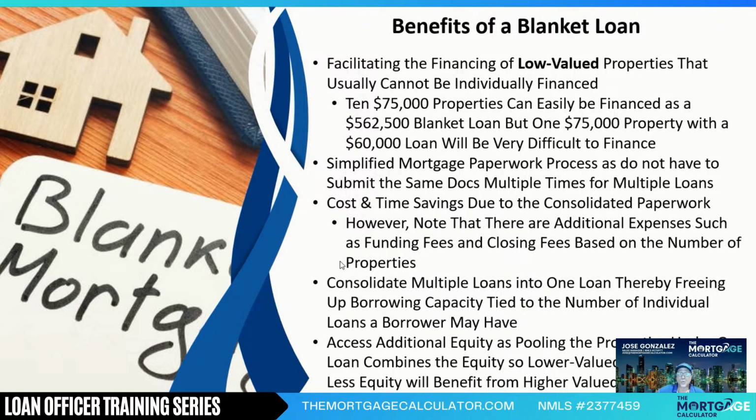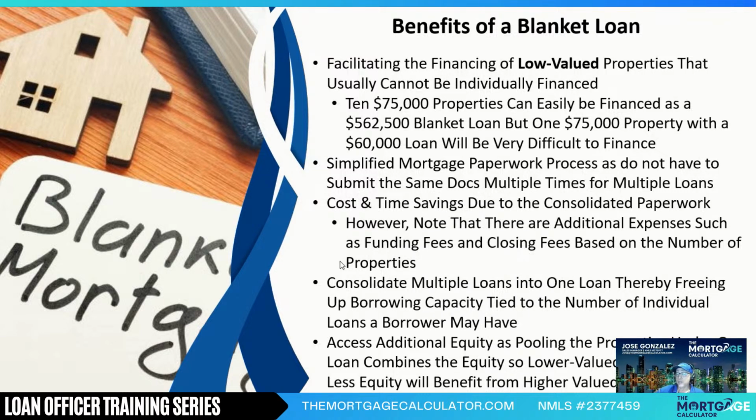Another benefit, this is one that most people do not realize: when you're trying to get financing, there are limits that some of the financing conduits will put on the borrower as to the number of properties they could own that are financed, right? There could be a limit to that. So if you consolidate, for example, let's say you need to free up some of your individual borrowing capacity.